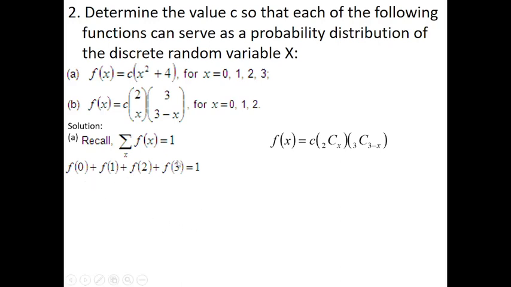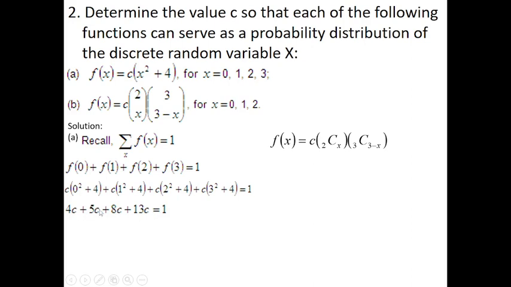So in this case, we can now solve for c. Considering the problem, we have c times (0 squared plus 4), plus c times (1 squared plus 4), plus c times (2 squared plus 4), plus c times (3 squared plus 4). That will give us 1.